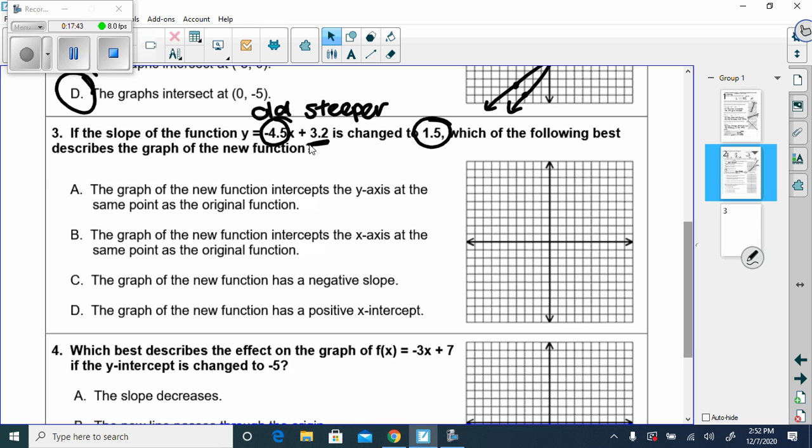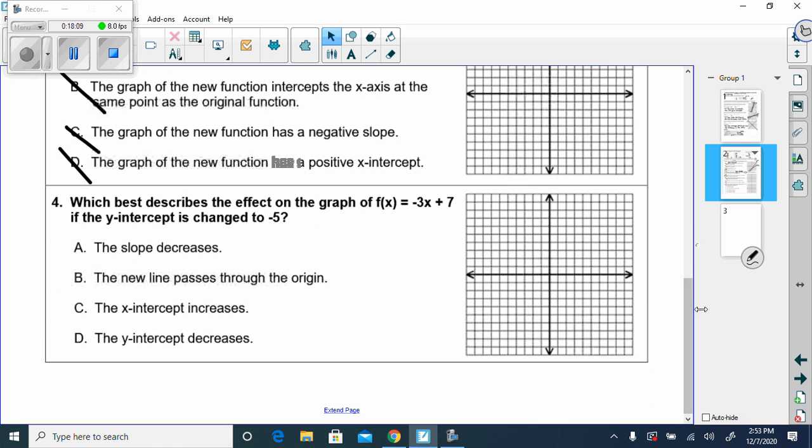Okay, so far this one's sounding pretty good, right? Let's check the others. The graph of the new function intersects the x-axis at the same place. No. The graph of the new function has a negative slope. Is that true? The original one did. And the graph of the new function has a positive x-intercept. All right.